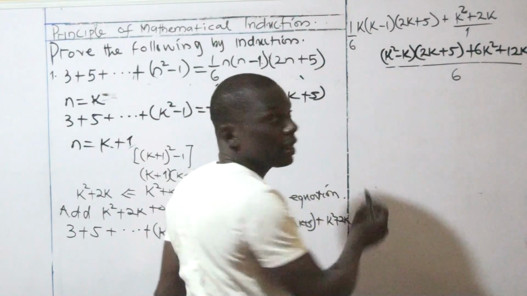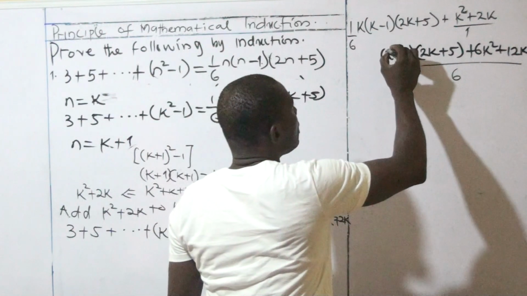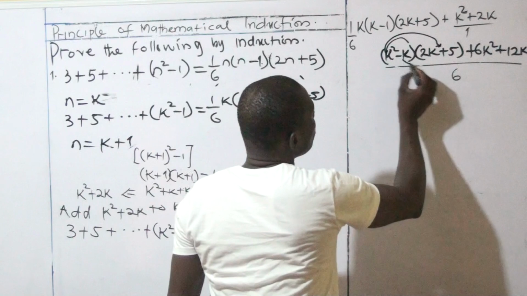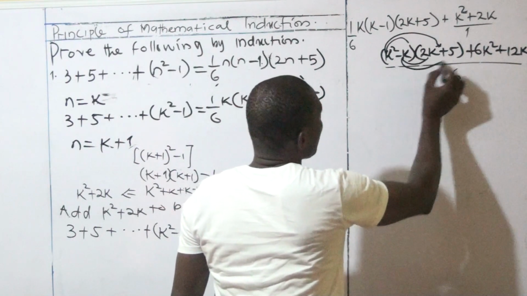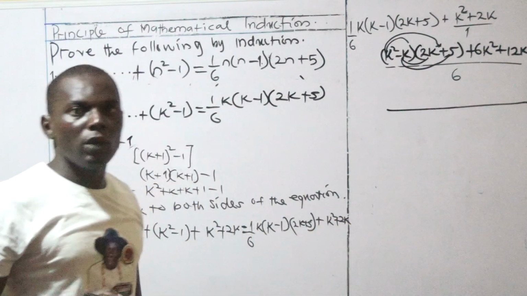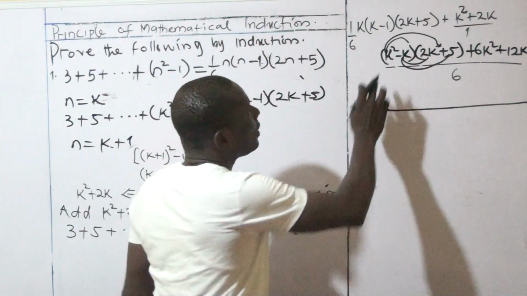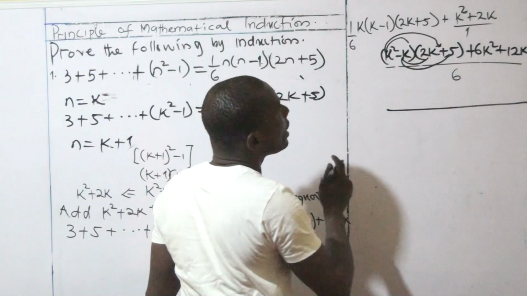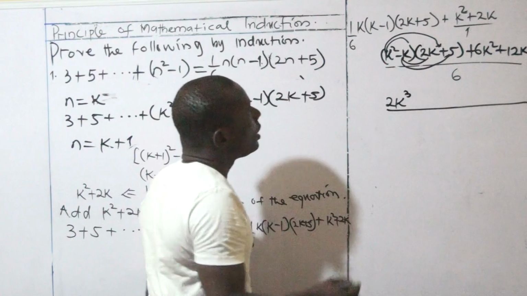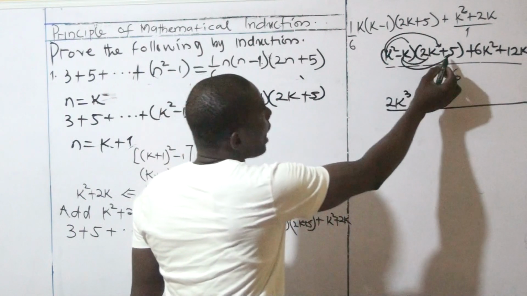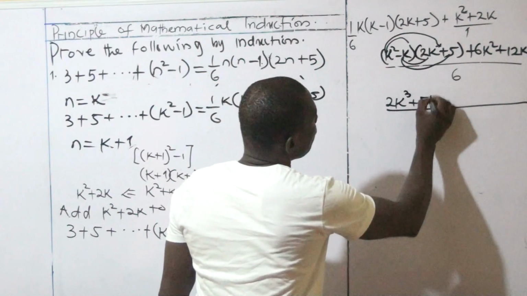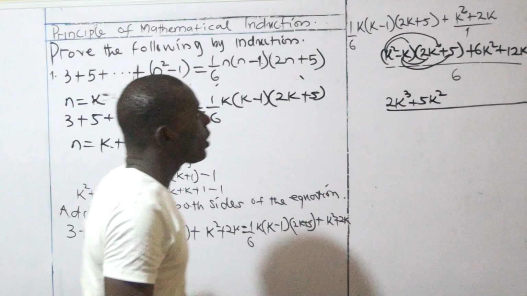Okay, so we simplify further. We open this bracket. This quantity here will multiply this, it will also multiply this, while this k will multiply this as well and also this. If we do that carefully, k squared times 2k will give us 2k cubed. K squared times 5 will give us plus 5k squared.